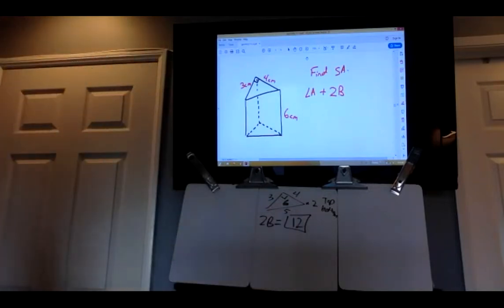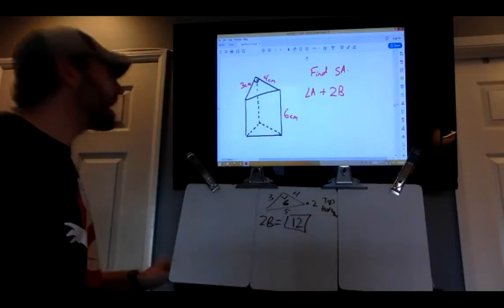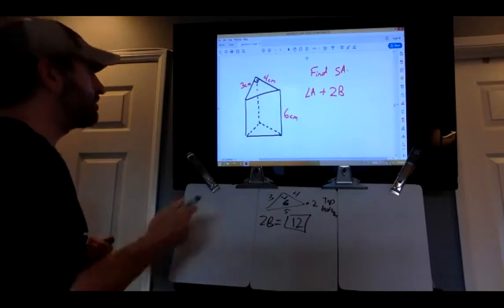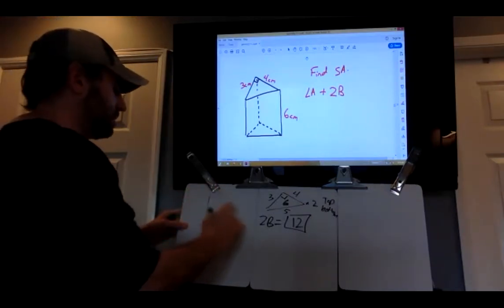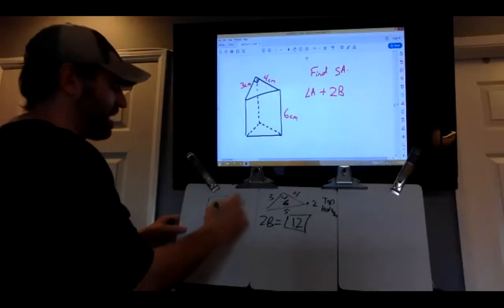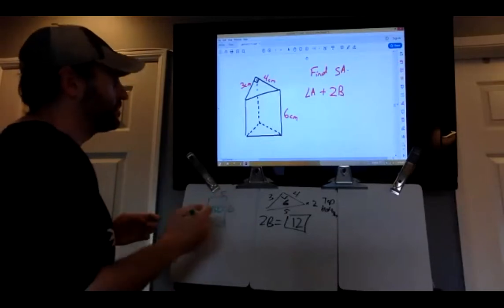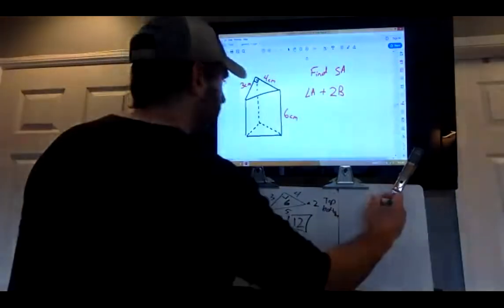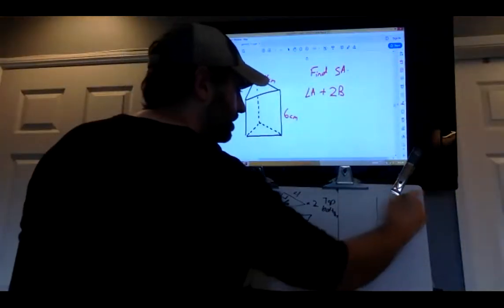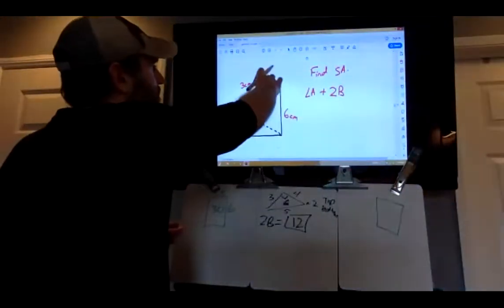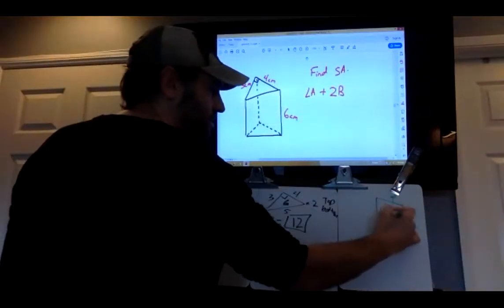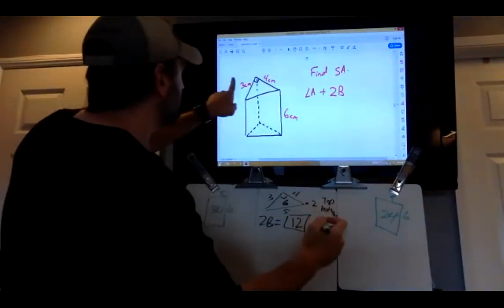Okay, and then I can separately go after my lateral area. So the rectangle in the front is 6 by 5, so that's 30. I have the rectangle on the back right there that comes like that, over here. 6 by 4.